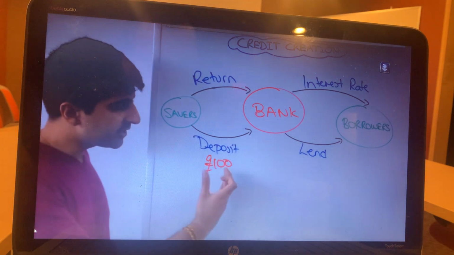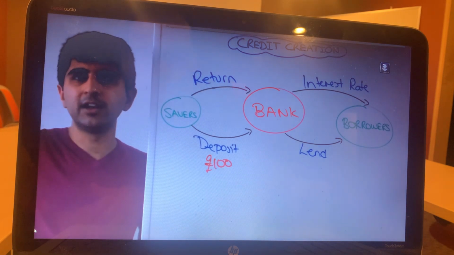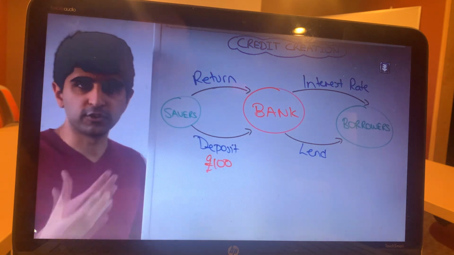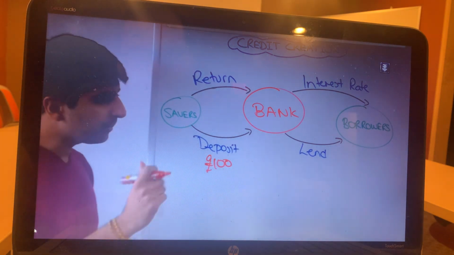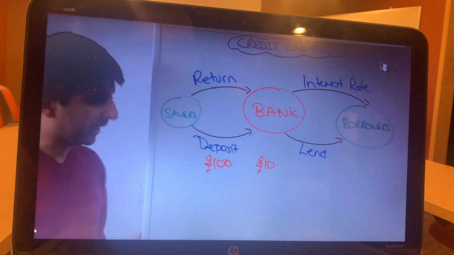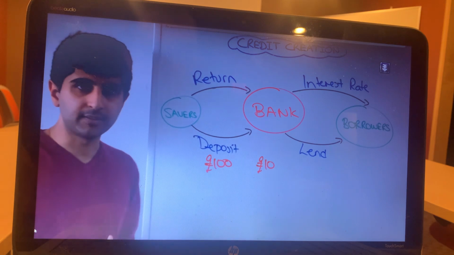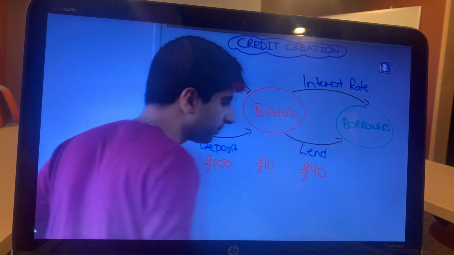More likely that individual saver will want to withdraw some of that £100 to finance whatever spending in the economy that saver wants to do, but unlikely that £100 will be withdrawn at once. So the bank decides that maybe only £10 of that needs to be left in the bank in case that saver comes and demands some. The rest of it can be lent out to borrowers, £90.